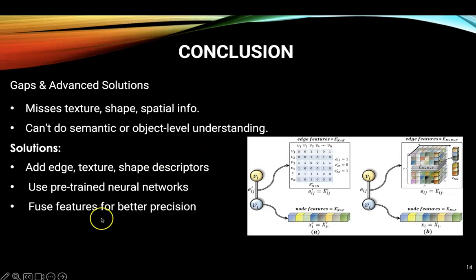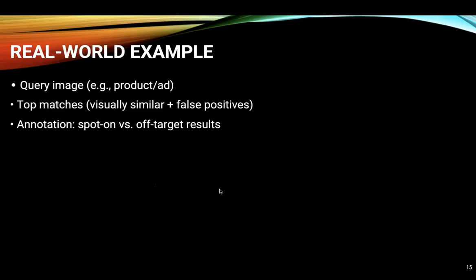So what are the solutions? We can add texture and shape descriptors, and we can use pre-trained neural networks and machine learning algorithms for better understanding and data flow, as they try to understand the patterns and give better results as we reinforce them by giving proper testing and training data.